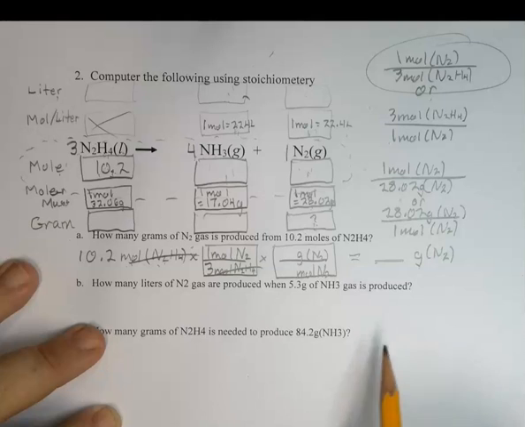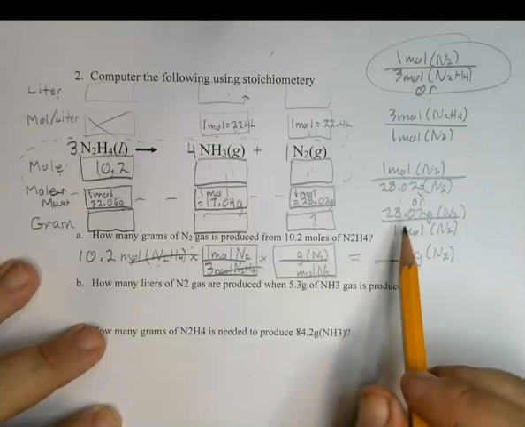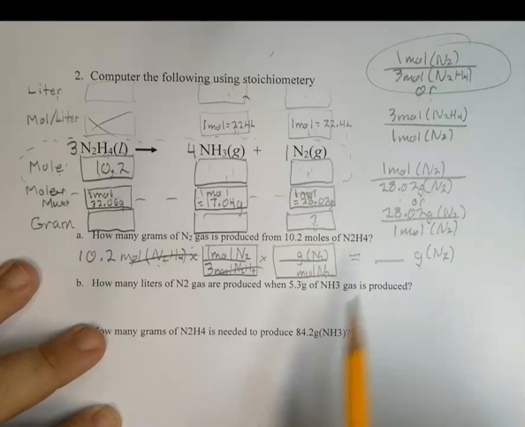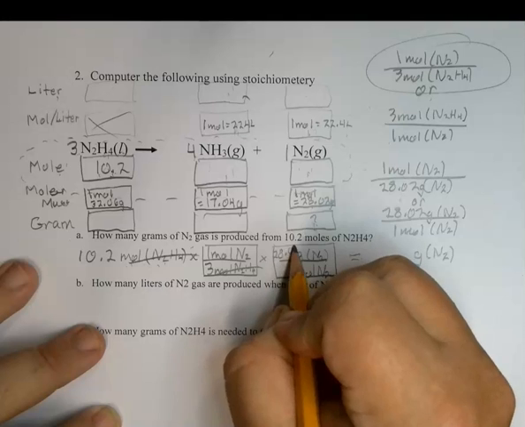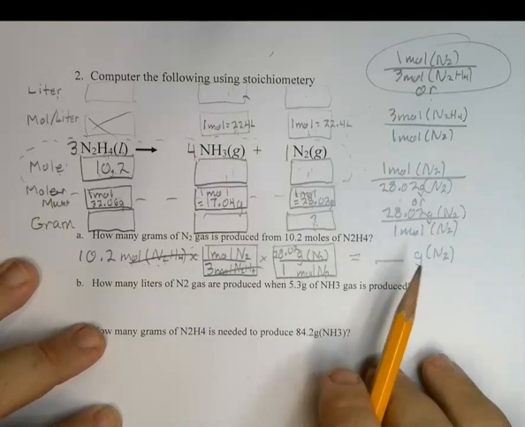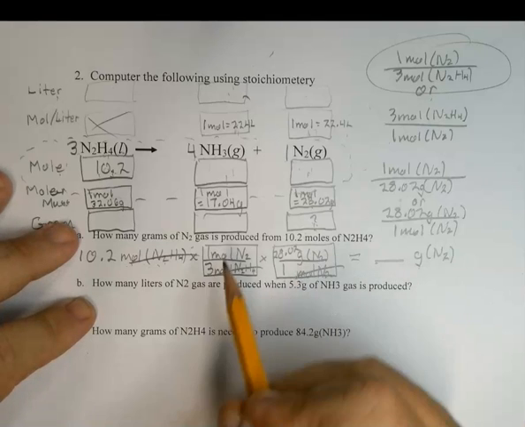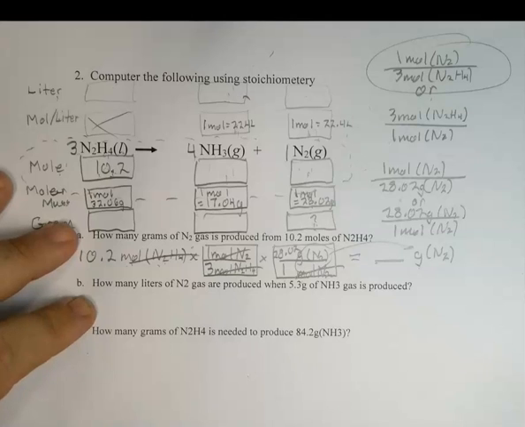Okay, which one do I want? Well, I need moles of N2 on the bottom. Yeah, I have that already. So I need that one, and I need the one with grams on top. So the 28.02 goes here, and the 1 mole goes on the bottom. Molar mass is always 1 mole. All right, so moles of N2 cancels there, and you end up with grams of N2 as the last man standing.